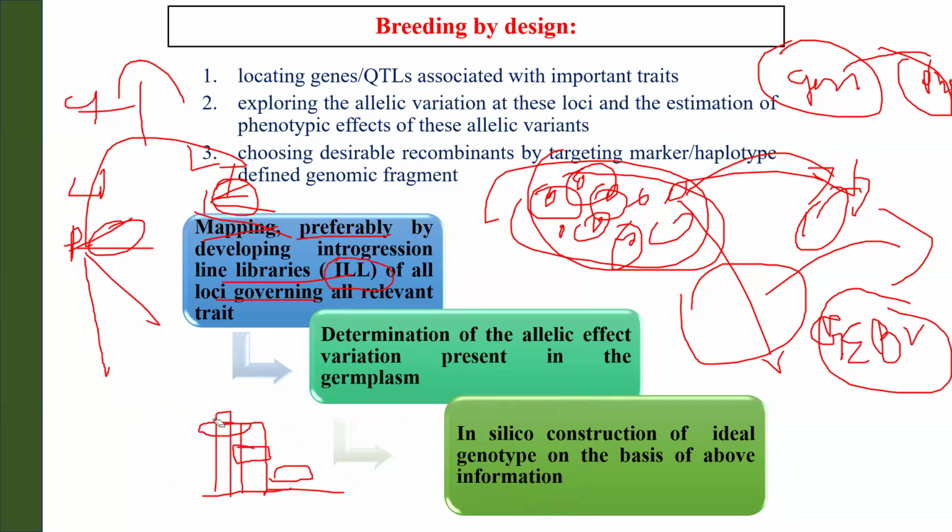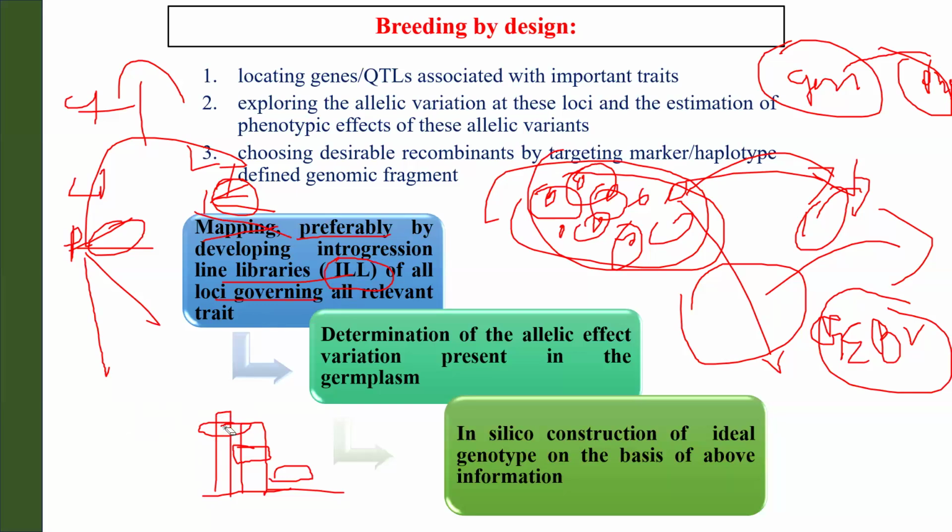If you are introducing a chromosome segment into this particular background at this position, the genes present on this chromosome have an effect on the phenotype. Here also, for what purpose are you doing introgression line libraries? To study the effect of alleles on the phenotype. When you introduce the alleles or genes from a donor into the known background at a particular position, only then can you study the effect on the phenotype.